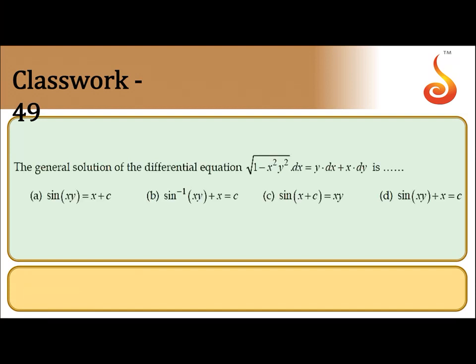Coming to the next one, the general solution of the differential equation square root of 1 minus x square y square dx is equal to y dx plus x dy. That is equal to x dy plus y dx.